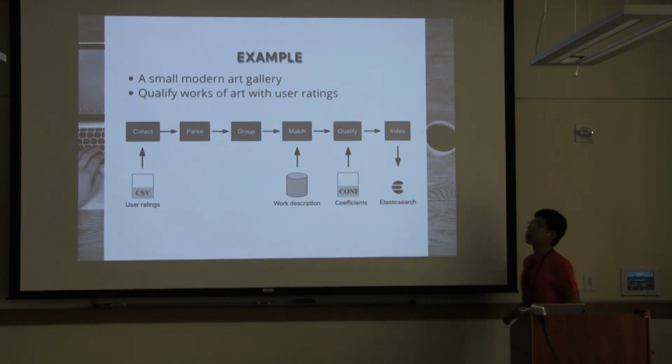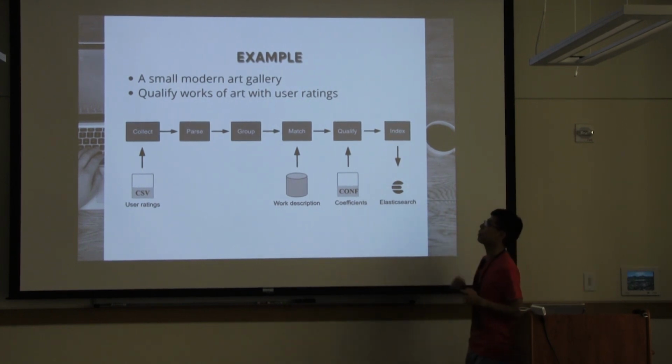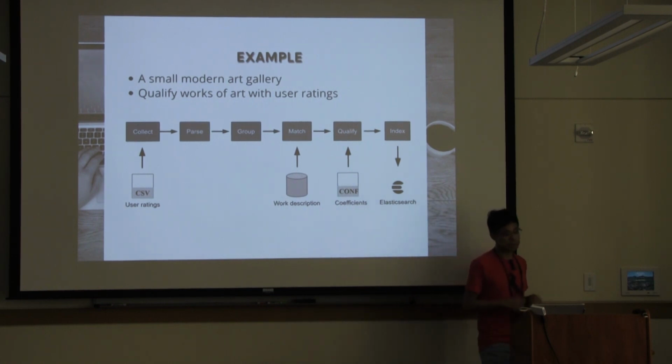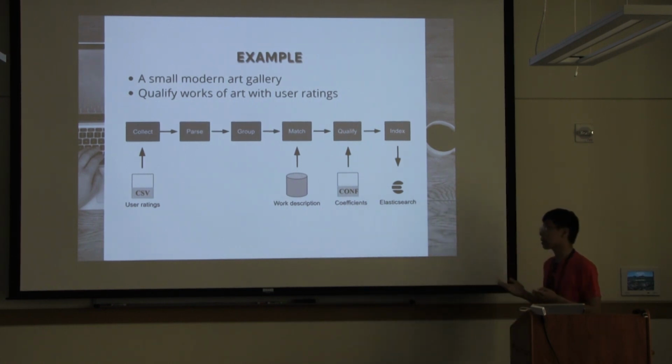Then it does the qualification with some coefficients, and then it indexes those in a search engine, in this case Elasticsearch. So this is an example of a legacy project that we want to migrate, and you can see here that there are lots of side effects.